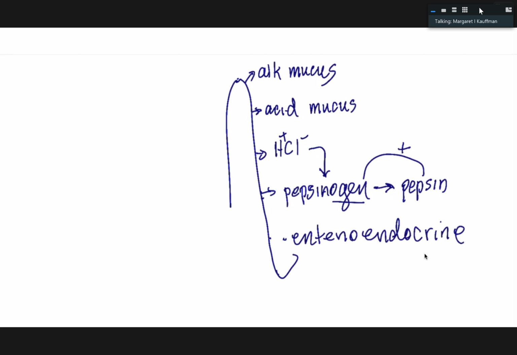Right, there are a couple of cells that we're going to talk about, G cells and S cells. And these guys nicely release gastrin, because we're going to get to those in a second. Gastrin, sorry, I misspelled it. Talking and writing at the same time. And these guys release histamine.